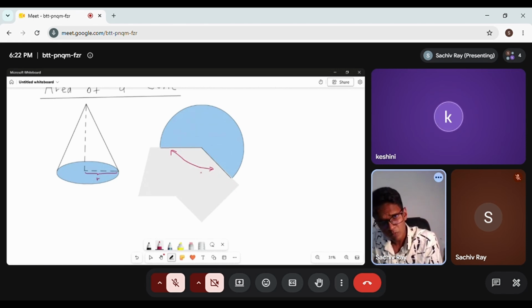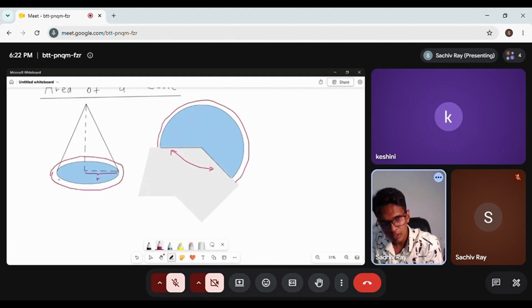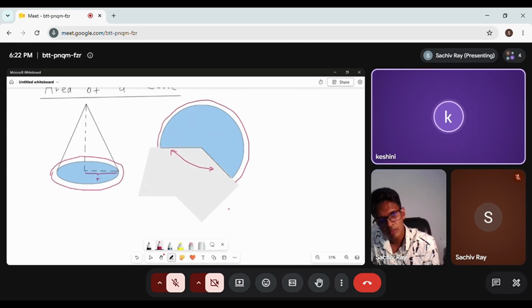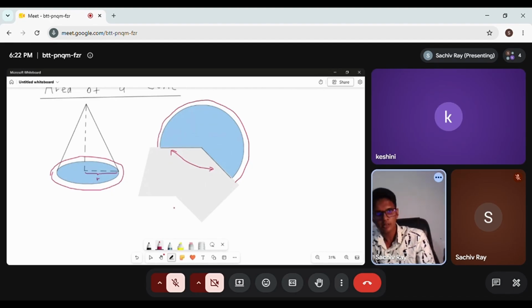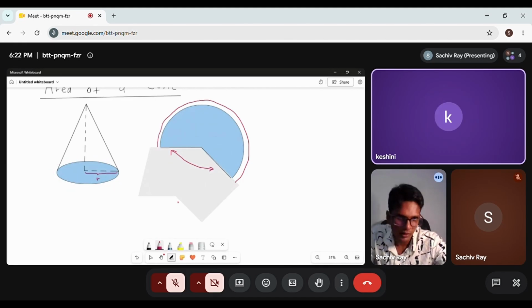So this entire outside curved part touches this circumference, this outline, right? Yes, sir. Are you clear with that part? Yes, sir. Thank you.